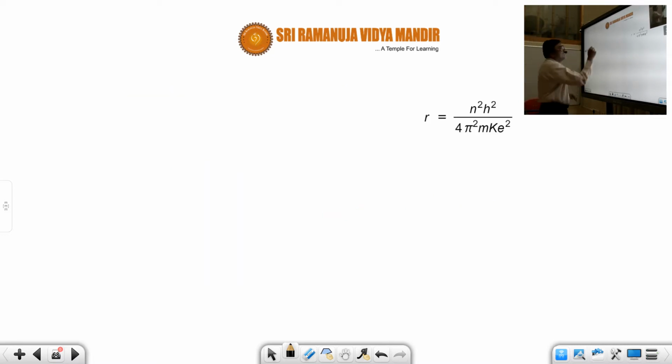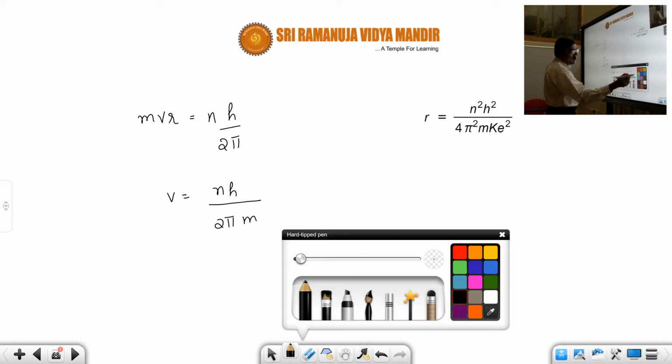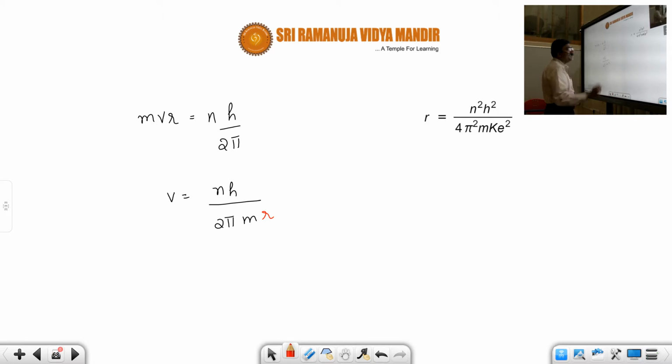So let us see here, mvr is equal to nh by 2 pi. It is a quantized orbit. Now v is equal to nh by 2 pi m r. So I am writing r with another color, m r.